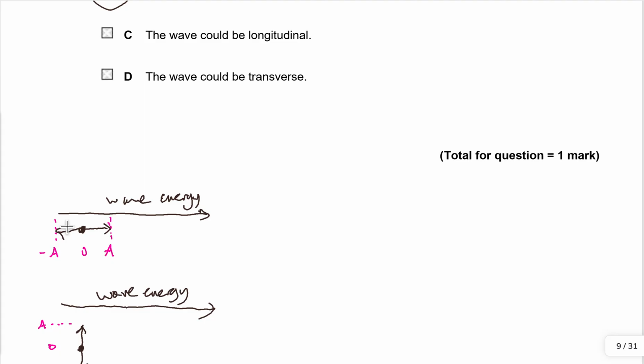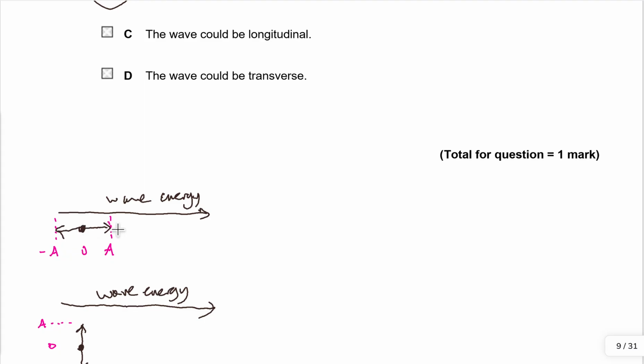So oscillations left, right, wave energy parallel to that oscillation. Now if we look at the oscillation, the furthest left position is your negative amplitude, the furthest right position is your amplitude, and the position of that particle dead center in between those two positions is your equilibrium 0 position.